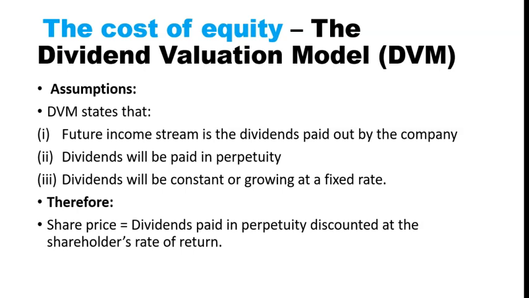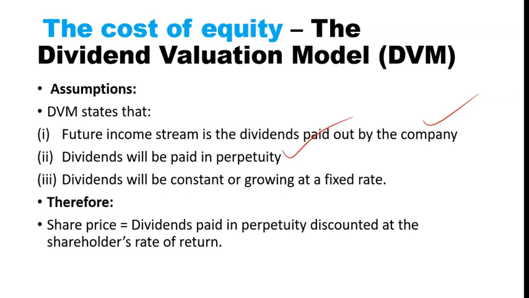Now, the assumptions of the dividend valuation model. The DVM states that future income stream is the dividends paid out by the company. These are the future income streams which the equity holders or the shareholders are going to expect. Then the dividends will be paid in perpetuity.